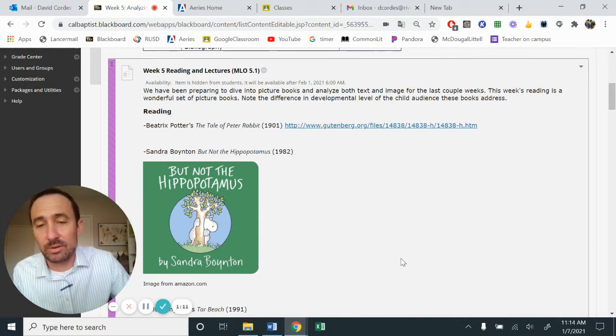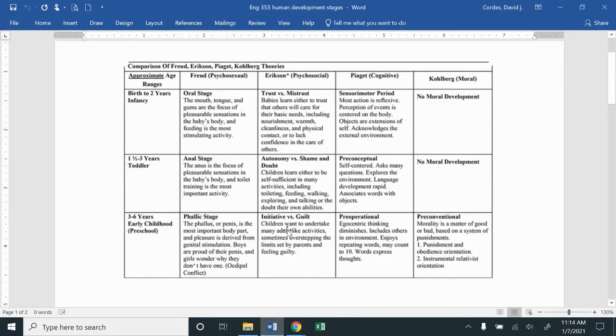First thing, though, however, I'd like to bring our attention back to this document here. This was given out in week 4. You guys saw the different categories in which a child grows and develops. The first thing that we see here, you've got birth to 2 years, 1.5 to 3-year-old toddler.